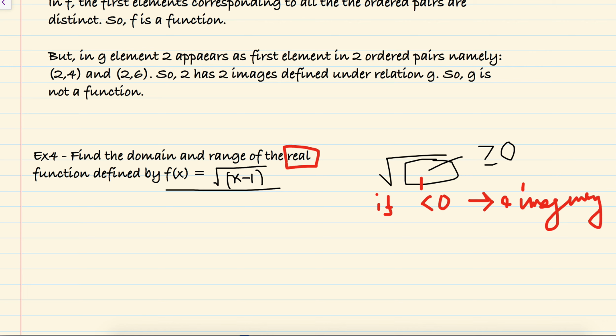We will study about imaginary numbers when we study complex numbers. So the value under this square root term should be greater than or equal to 0.